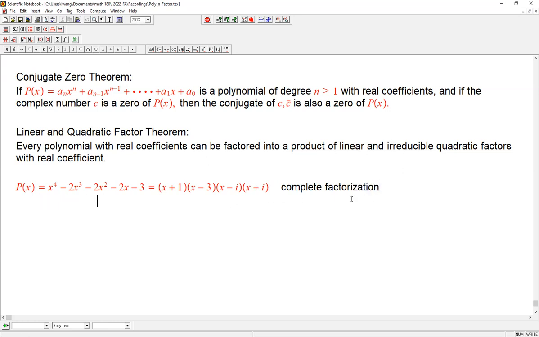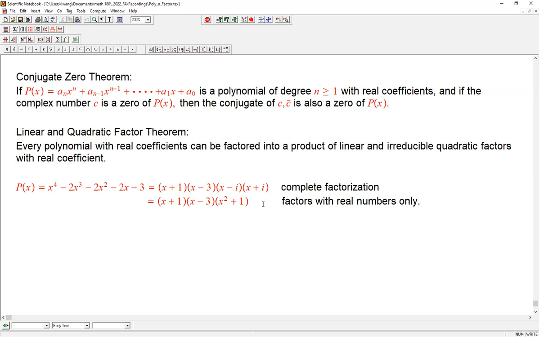If you say, I only want real number factors, then what we have is that we're going to have some linear factors. And we also have to bring back that x squared plus 1.